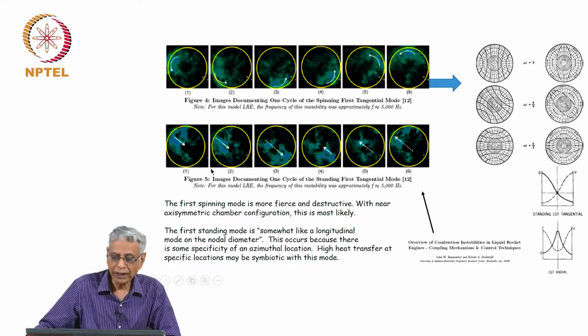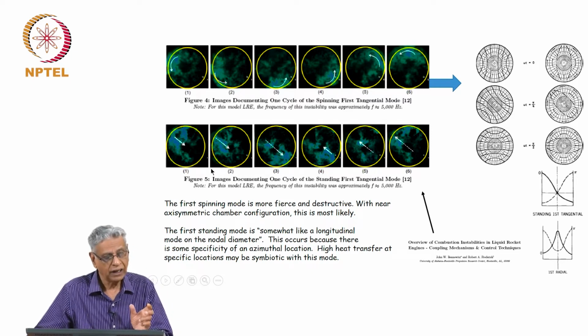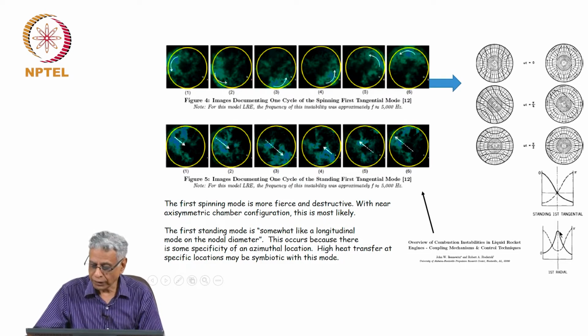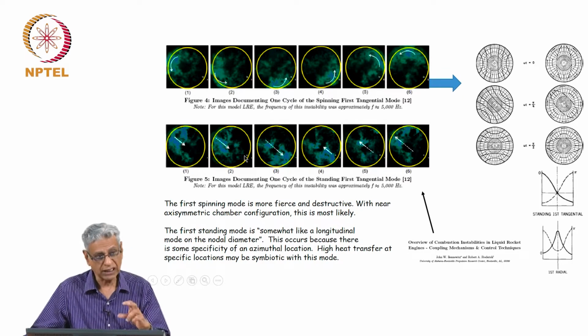And one should not imagine it to be the radial mode, because in the radial mode, the pressure fluctuation, as I have shown here, is the same all around the azimuth or the periphery, and it only changes radially. But in this case, the pressure wave travels from one end to the other end along the radial direction. So this is the difference between the standing tangential mode and the radial mode.